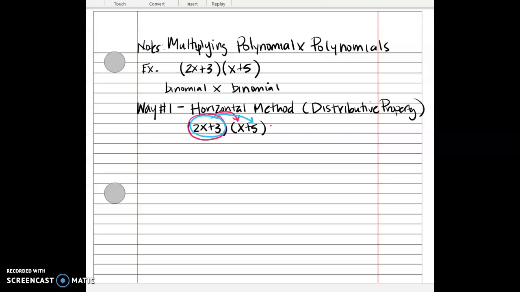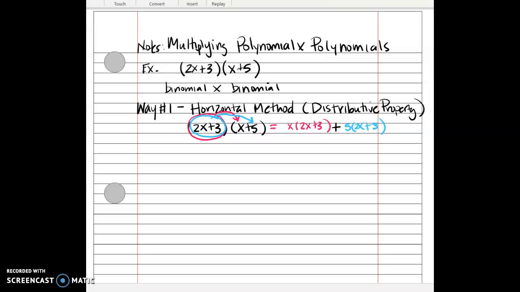If I take this 2x plus 3 times the x, I get x times the 2x plus 3, plus the second one: 2x plus 3 times the 5, or 5 times the 2x plus 3.